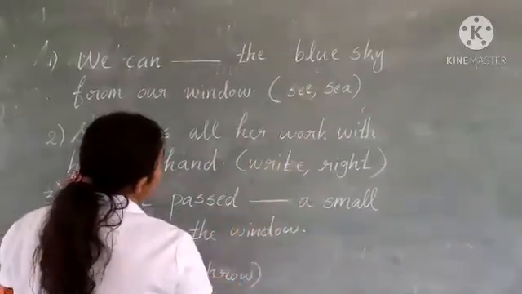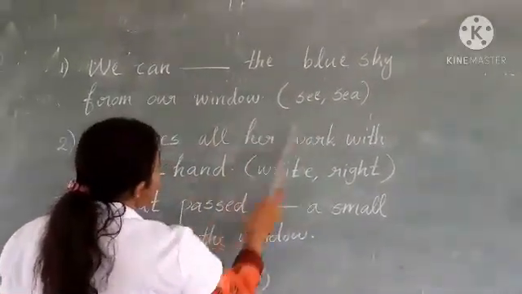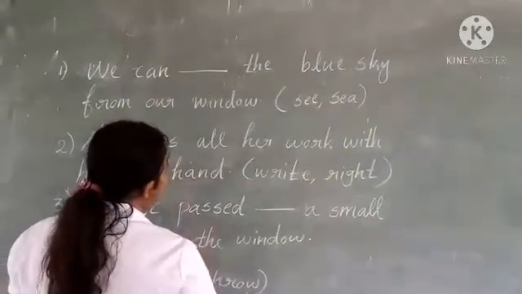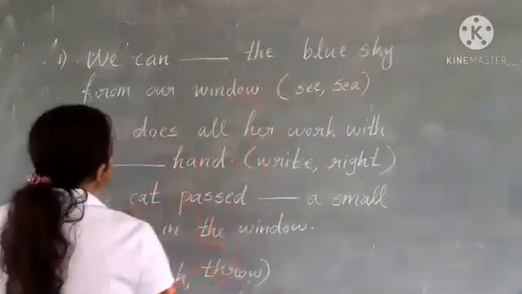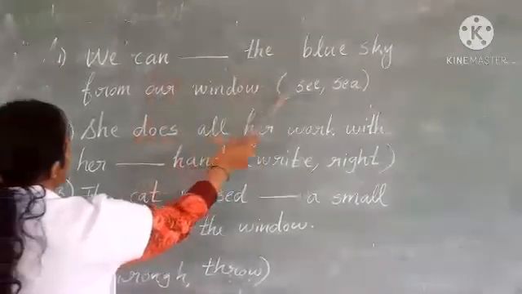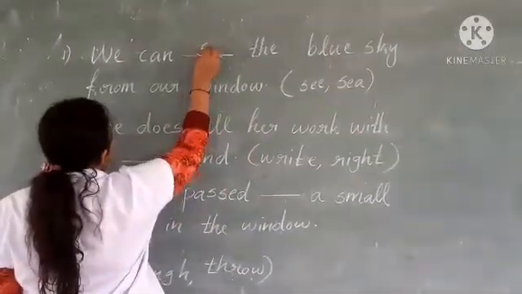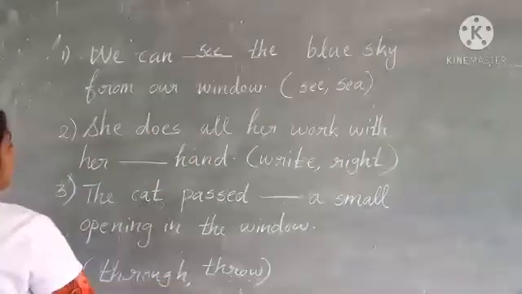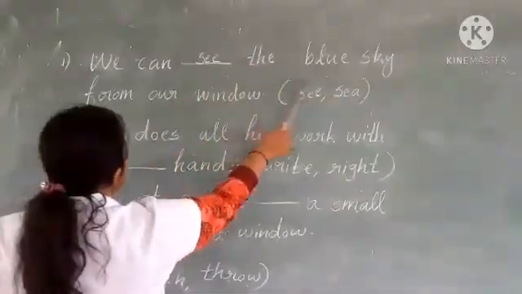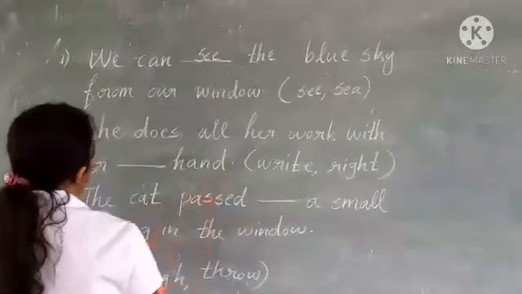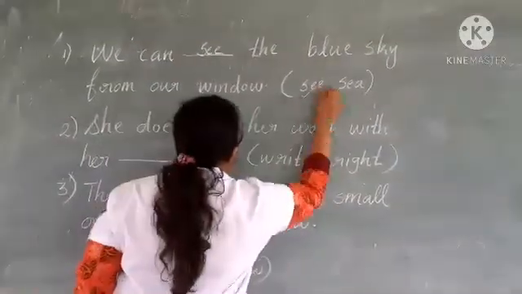Both the words we pronounce in the same way but they have different spelling and different meaning. So which word is suitable here? We can see, S-E-E. That is the right one. So we can see the blue sky from our window. This is the right answer.